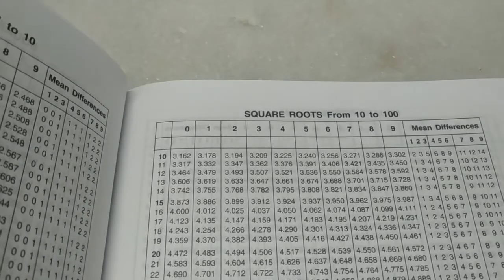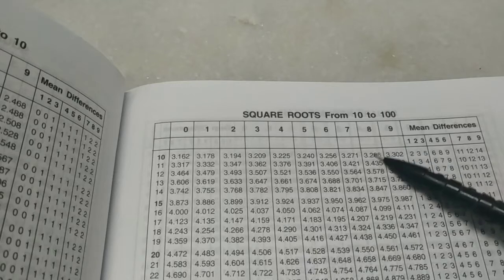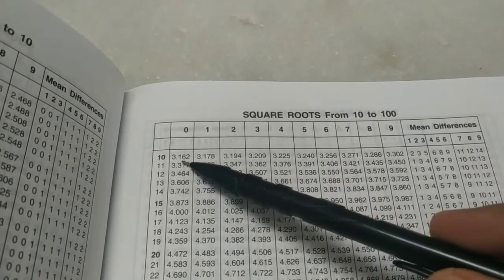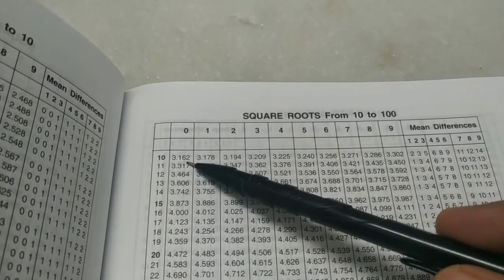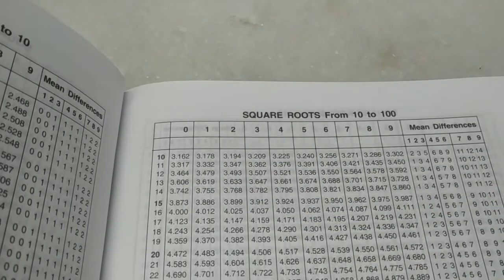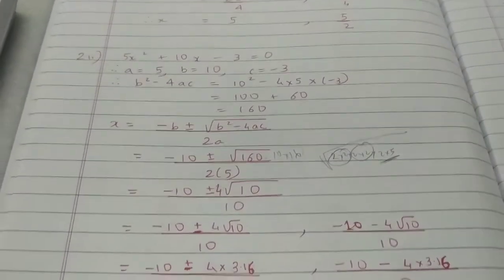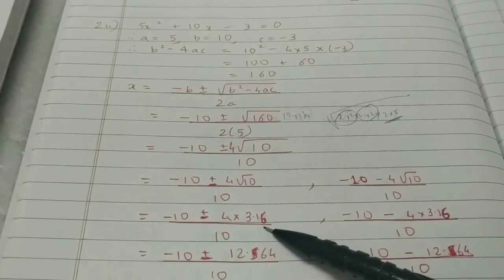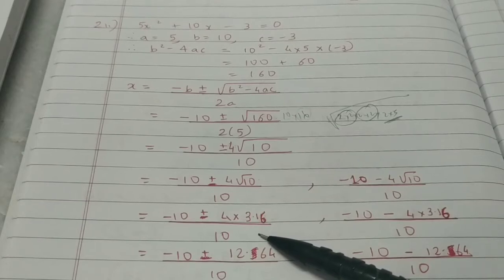Right now you can use the square root table at the back of your textbook. Here we go, square root of 10 is 3.162. But that's up to 3 decimal places. If you substitute this value, it's okay. I'm going to use only the 2 decimal places, 3.16, so that in the end I can round it off and get the answer accurate up to 1 decimal place, which is what they've asked in the question.